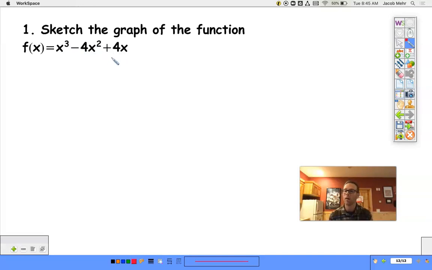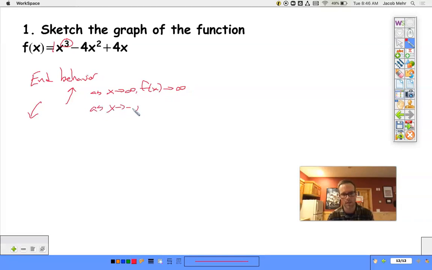First thing I want to consider is the end behavior. Now, it's odd, and the leading coefficient is positive. We know that looks like this and this, right? We had that discussion in the first part of this video. As x goes to infinity, f of x goes to infinity.